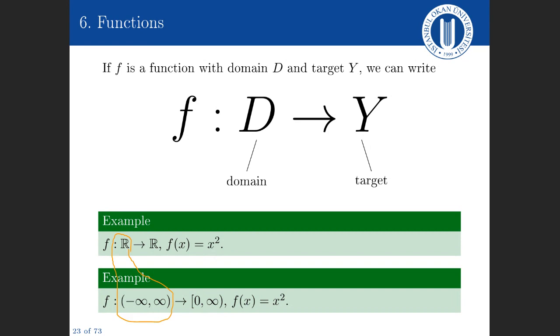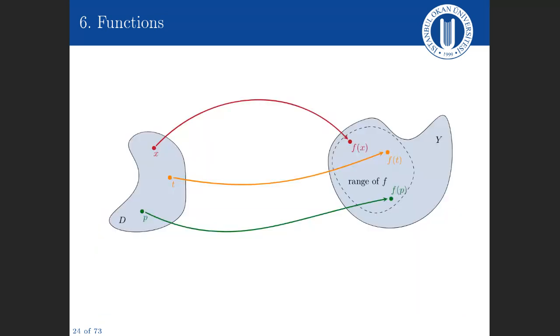But now it maps to the non-negative real numbers, which is the closed interval from 0 to infinity, and has the formula f of x is equal to x squared. Because these functions have different targets, we can say that they're different functions.